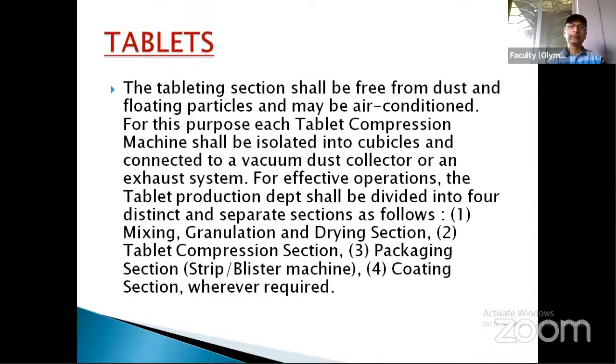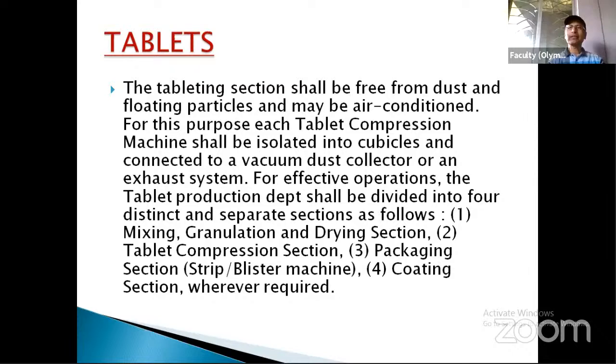And that is why in the tablet section, in your tablet preparation room, in the manufacturing room, there may be 3, 4, 2, that is, more than one tablet compression machine. Each tablet compression machine shall be isolated by aluminum sheet cubicle or glass cubicle. Separate cubicles you have to make for each tablet compression machine.